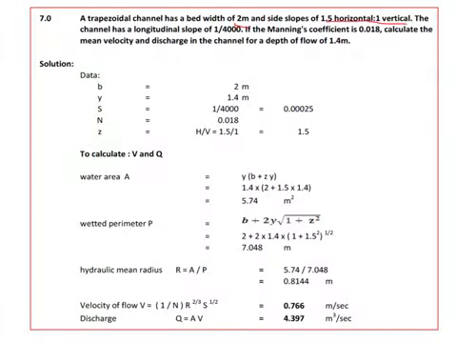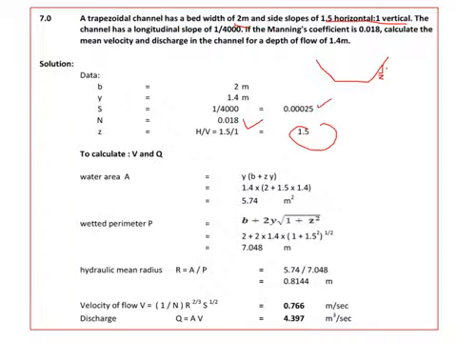So whenever the side slope is given, Z corresponds to horizontal to 1 vertical. Already the vertical is 1, so Z has to be 1.5. So Z is always H by V. So H is 1.5 divided by vertical, which gives 1.5. Now your Manning's constant is given 0.018, and the bed slope is given as 1 is to 4000.